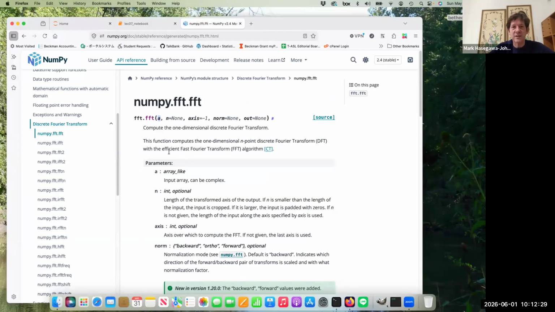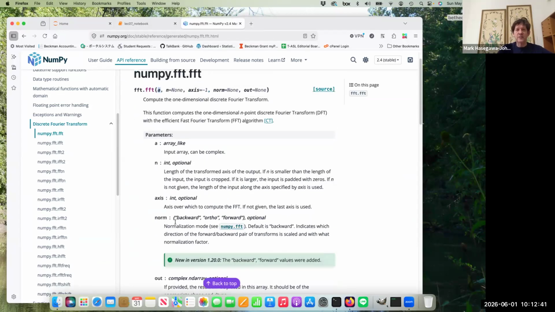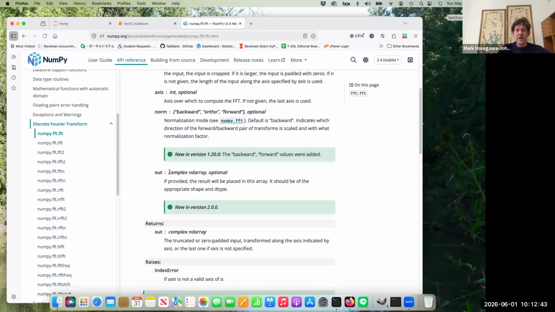It takes an input signal A, which in our case is X, the major chord or the minor chord, and it takes the Fourier transform of that and returns it. So the output will be a complex NumPy array, which will give you the frequencies.